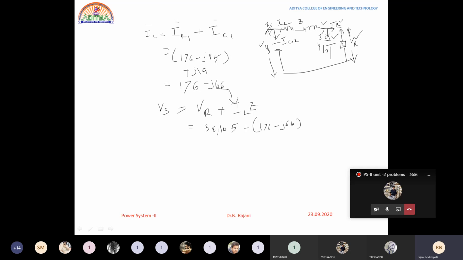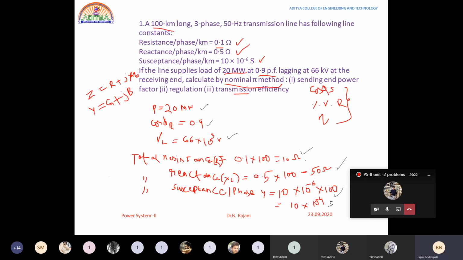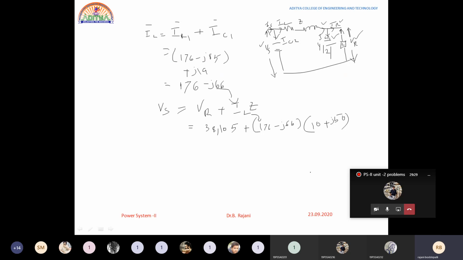What is Z? We know it is R plus JXL. R is 10 and XL is 50, we have got that just now. This is the XL, R is 10 and XL is 50. That is the thing I have kept there.